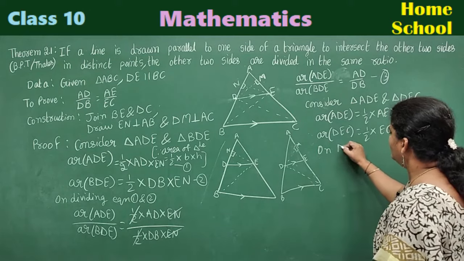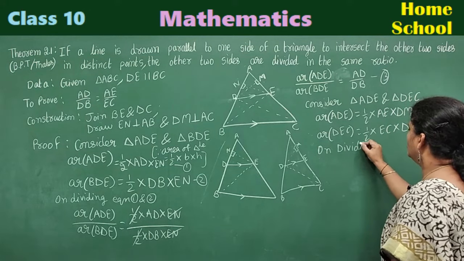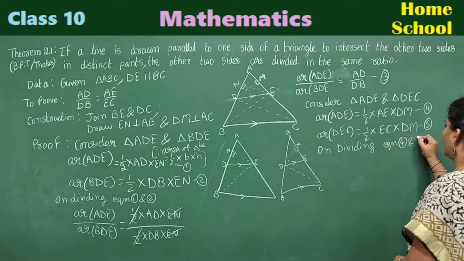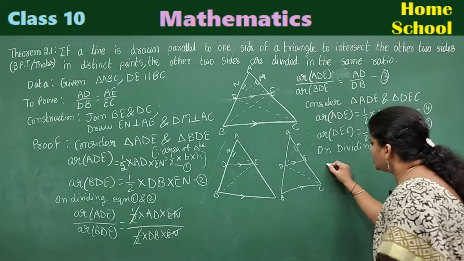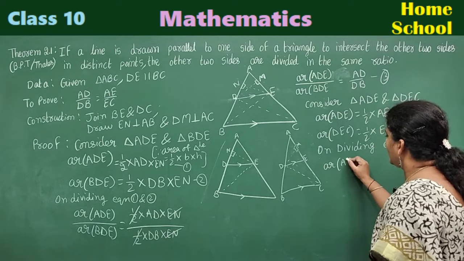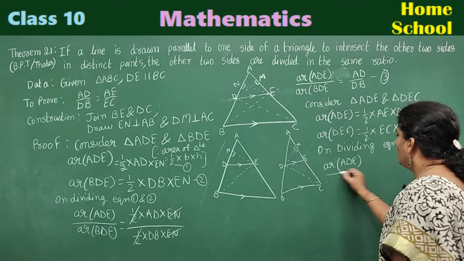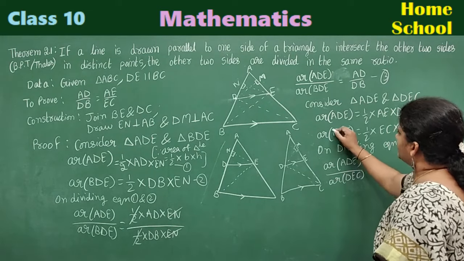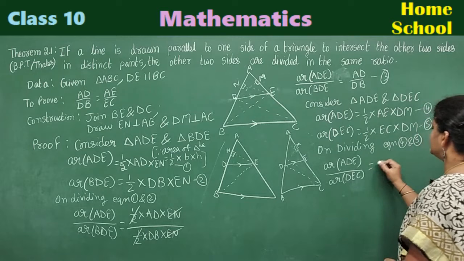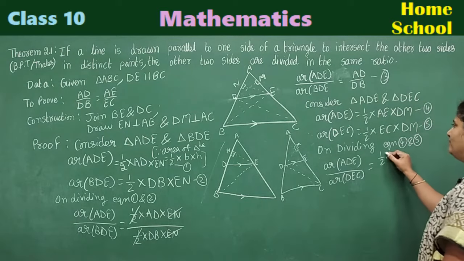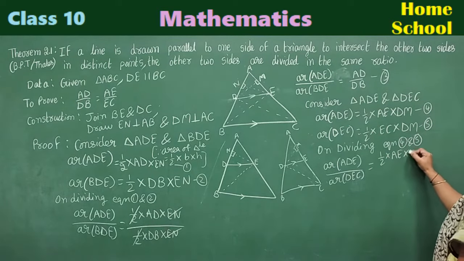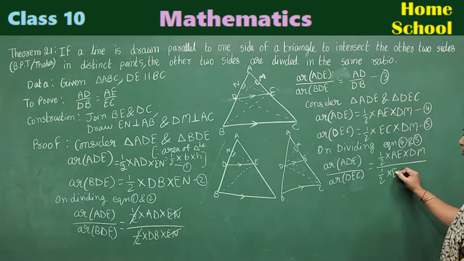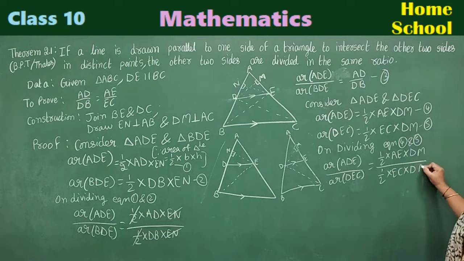On dividing equation 4 and 5, area of triangle ADE by area of triangle DEC is equal to half into AE into DM by half into EC into DM.